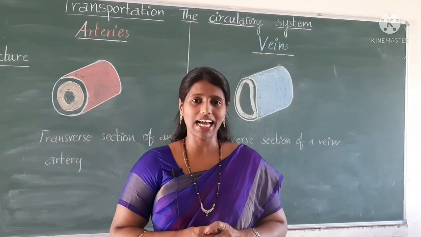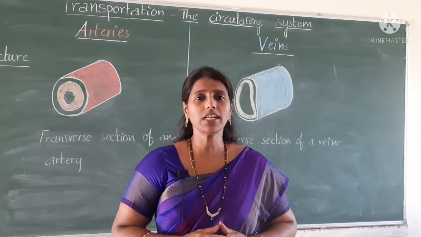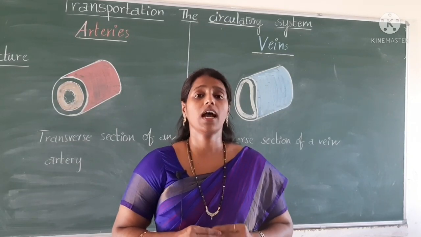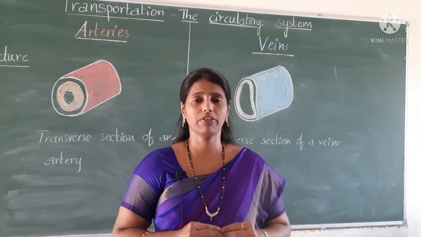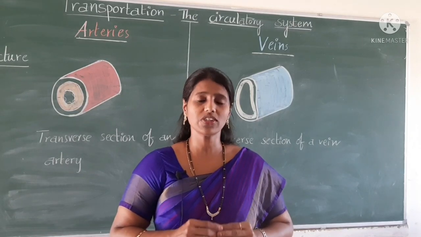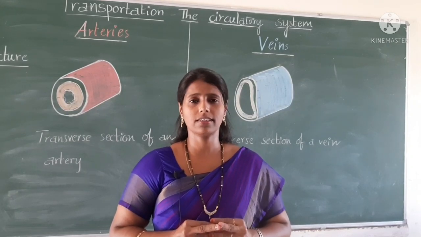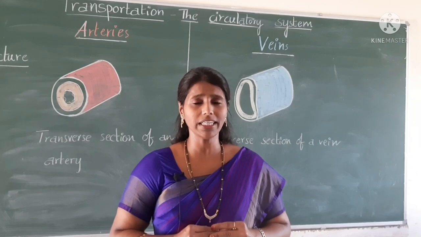In the previous class, we have studied the functional differences between the arteries and the veins. Arteries carry oxygenated blood, that is oxygen-rich blood from the heart to all the body parts. Now, what is the artery which carries deoxygenated blood?